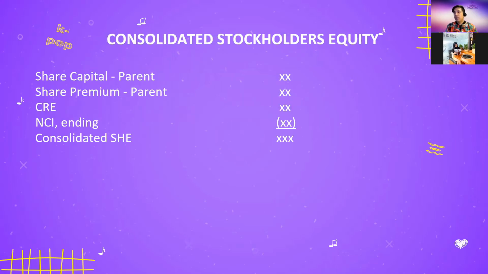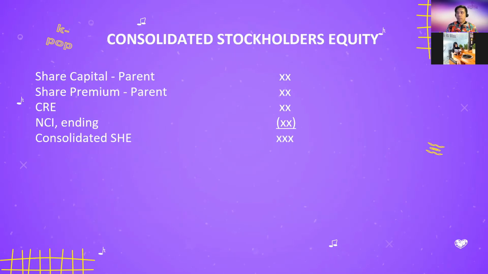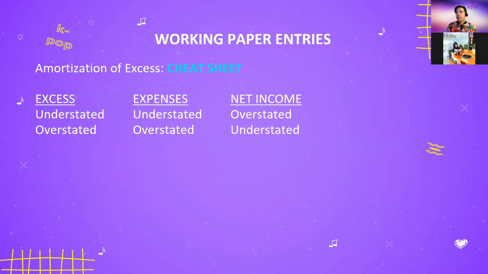So let's go back so we can appreciate it more. Remember here, this is asterisk number 1, amortization of excess. What is the impact of that on the consolidated net income attributable to the parent, and what is the impact on the non-controlling interest net income? To make it faster, we made cheat sheets. If the assets and liabilities are understated in the initial measurement, then the expenses are also understated.